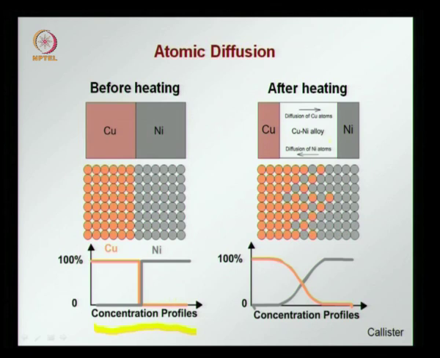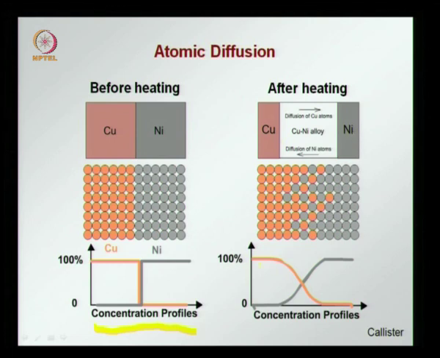Now, when diffusion starts, because of the pressure applied and the heating, copper atoms start moving from the left to the right, nickel atoms start moving from the right to the left.